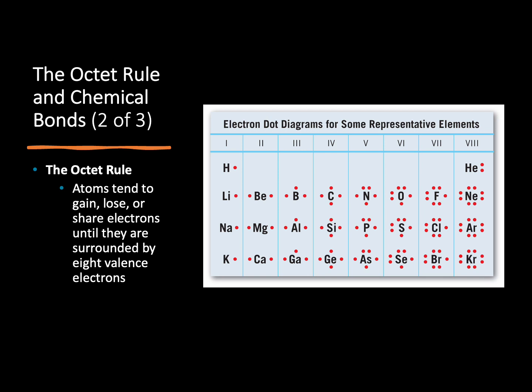On the other hand, if we look over here at hydrogen that only has 1 electron in its outermost shell, it would be a lot easier for it to give away that 1 electron than for it to gain 7 others. So depending on how many electrons are in this outermost shell, we can determine whether it's going to give away electrons, take or gain electrons from another atom, or if it'd be easier to just share the electrons between 2.